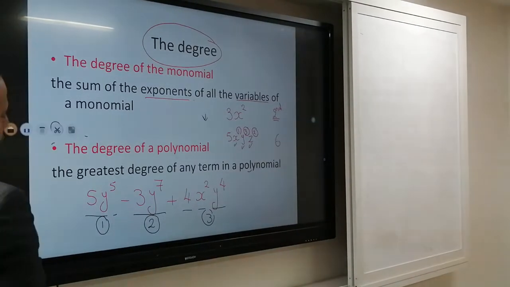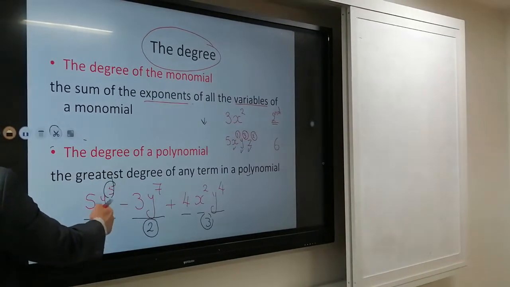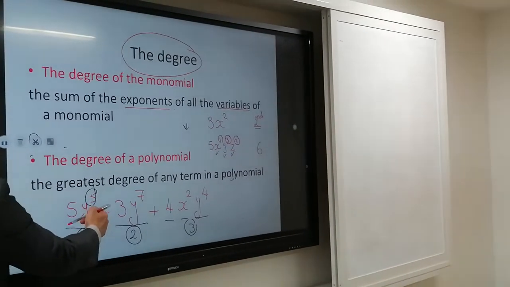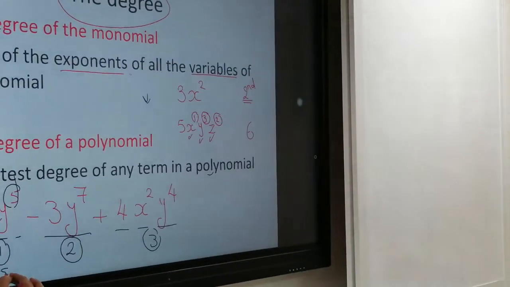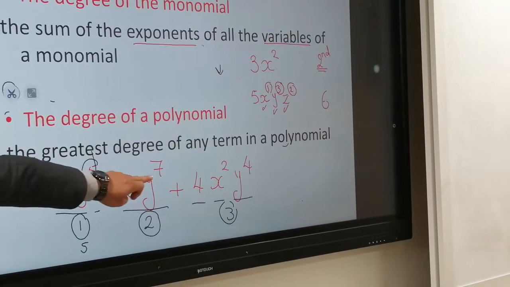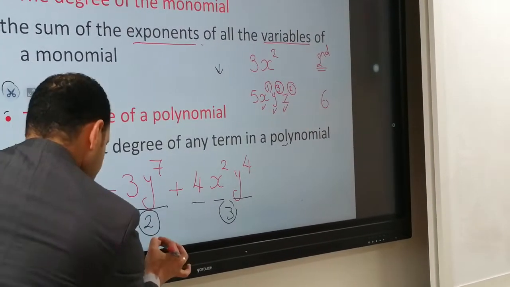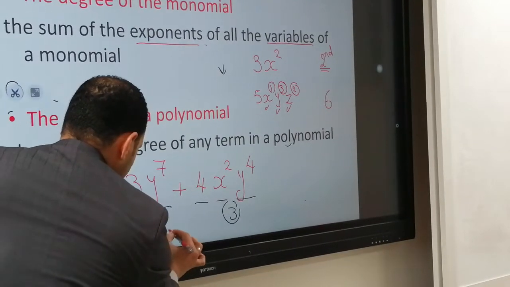Excellent. The degree of the first term is 5, because here we have only one variable, and the power of the variable is 5. The degree of the second one is what? Excellent, it's 7. So we have here the 5th degree, and here the 7th degree.